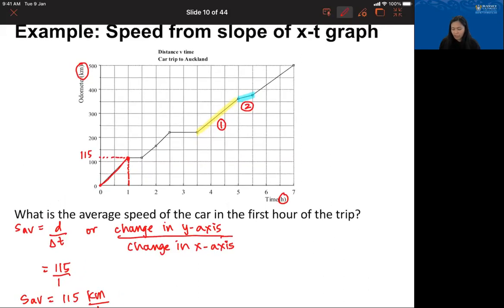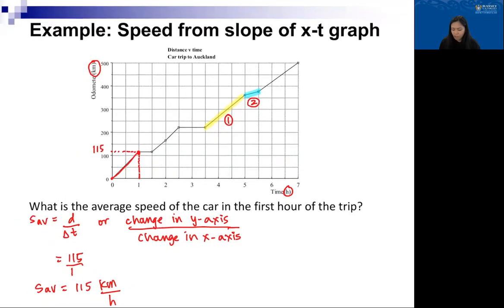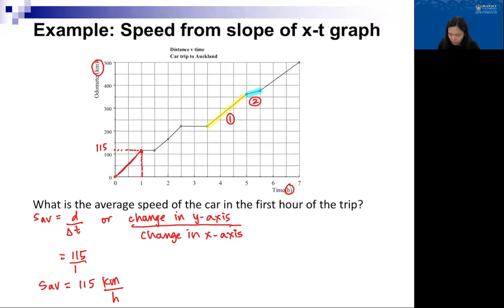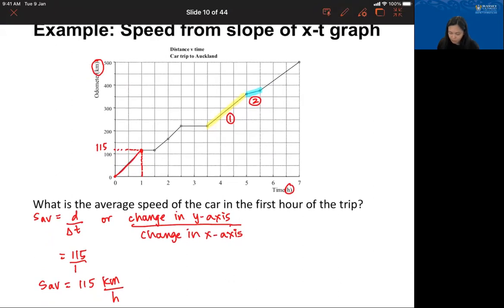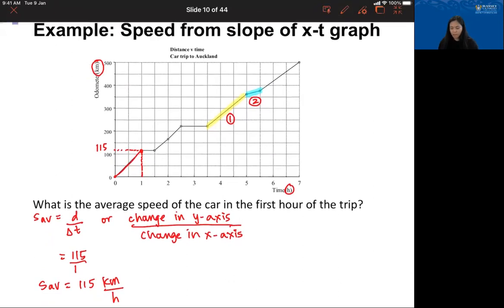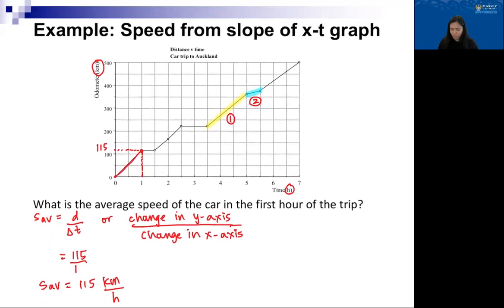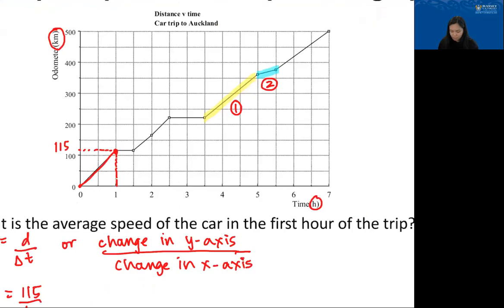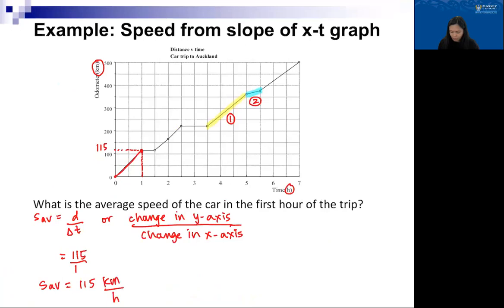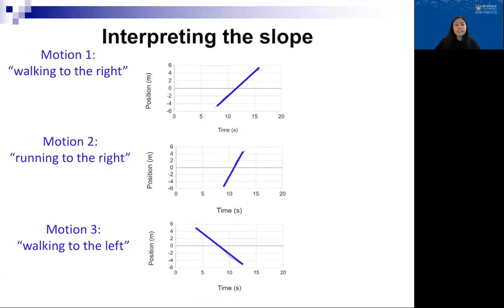So the steepness of the slope, as well as the direction of the slope, will tell us a lot of information about the motion of our object.